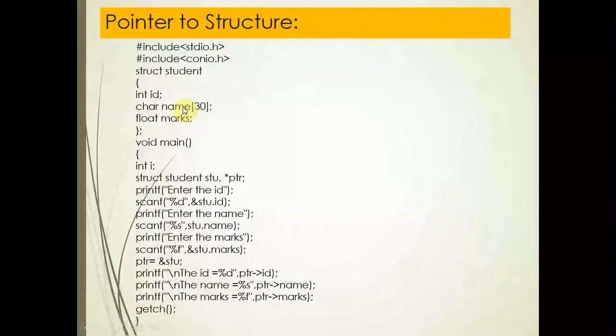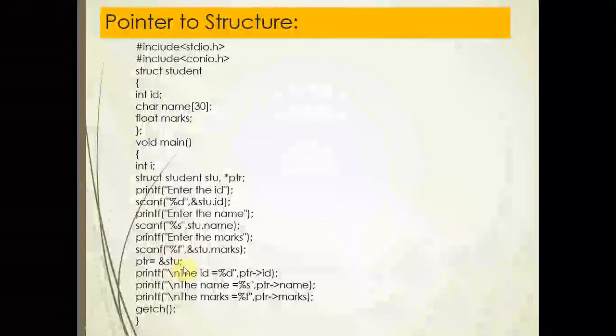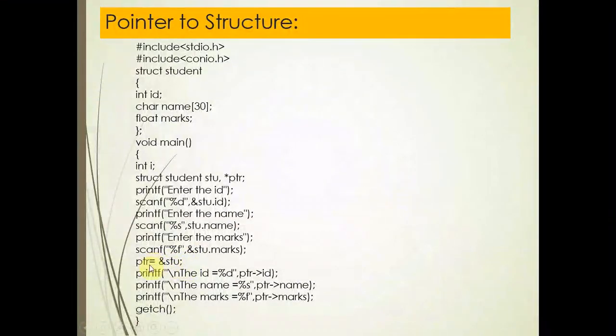Because stu is also a variable of this structure, and ptr is a pointer type variable. I already explained that a pointer type variable can hold the address of another variable. So ptr now contains the address of stu, that is a normal structure variable of structure student. So now I am going to print the values.